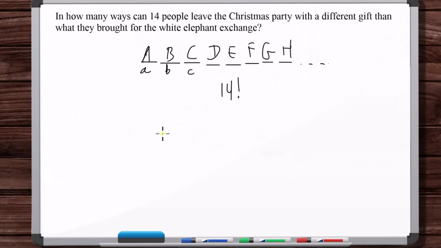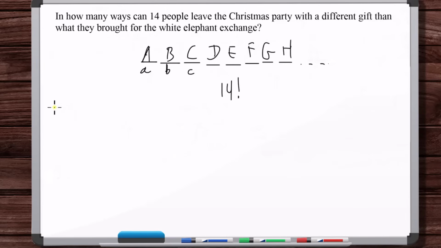We use that whole Venn diagram idea, where we have these 14 sets, and each set is the number of outcomes where, like, person A has their own gift. As long as person A has their own gift, that's an outcome of that set. Then another set is where person B has their own gift. We're trying to get the union of those 14 sets, so it's all of those outcomes, but with the duplicates removed, right?